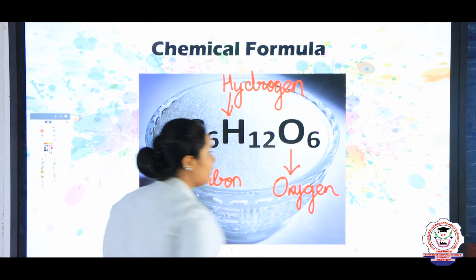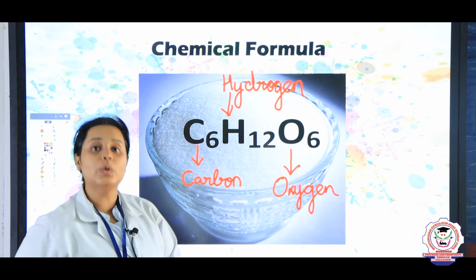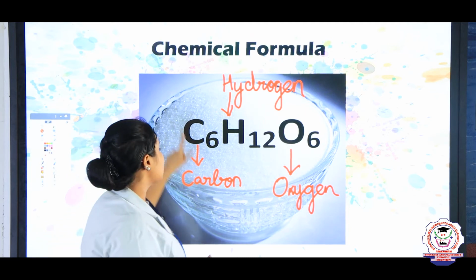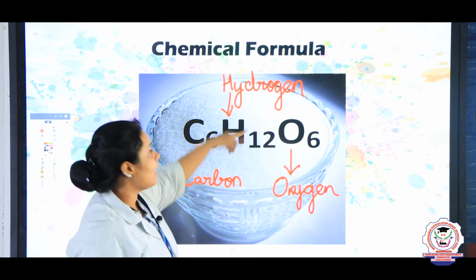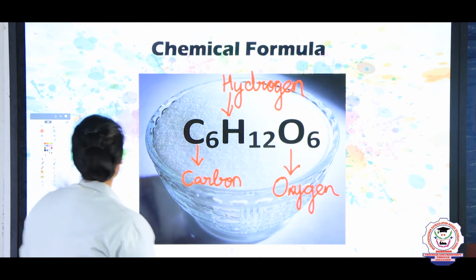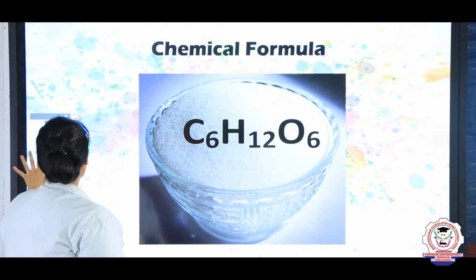So this is the formula of glucose, and glucose is the combination of 6 atoms of carbon, 12 atoms of hydrogen and 6 atoms of oxygen. Okay.